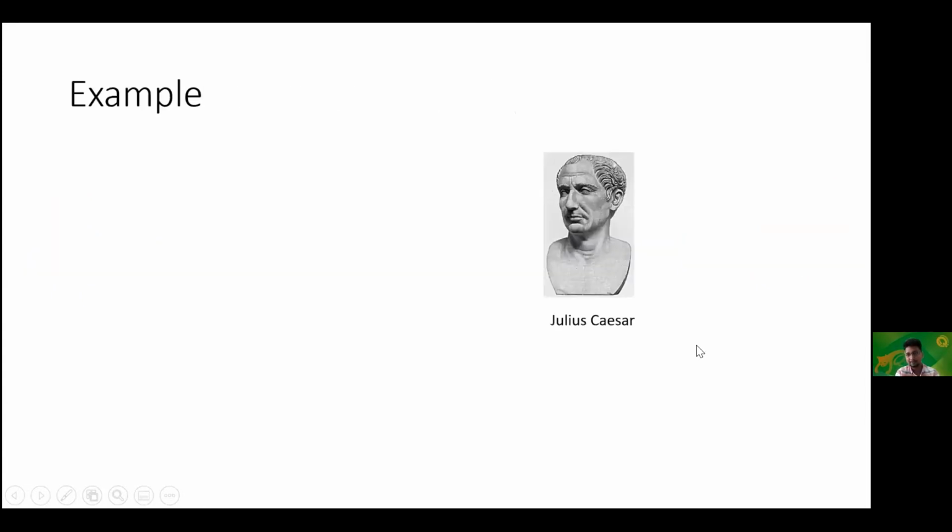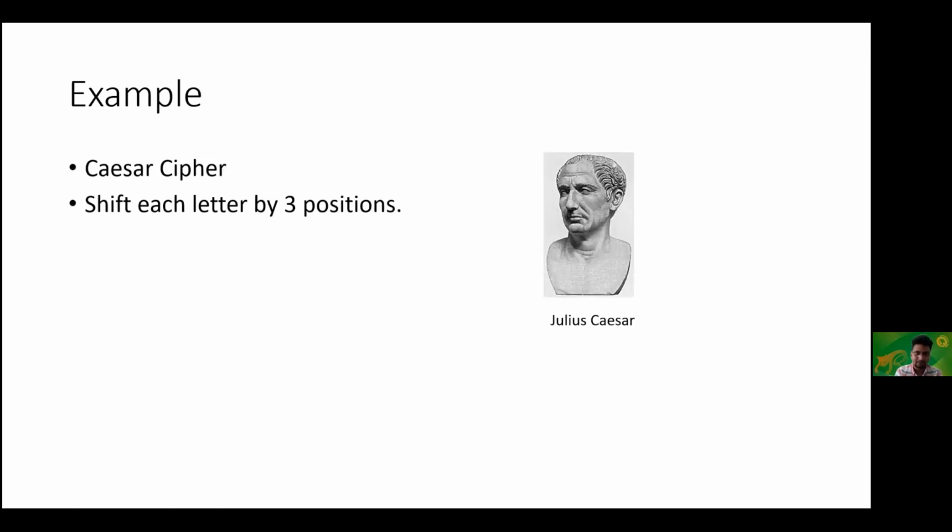Now, what are some examples of encryption? Encryptions have been used for thousands of years. For example, Julius Caesar used a Caesar cipher, which is very simple, where you have a message and then you shift each letter 3 steps towards the left.